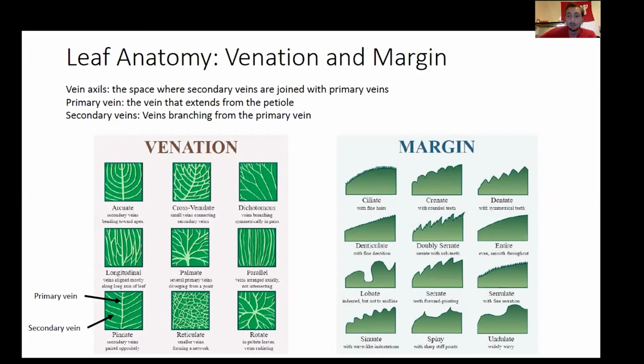So this means that there are several primary veins emerging from the point in which the leaf stem becomes the leaf. So it emerges from that point. Usually each lobe has its own primary vein. So it'll have an equal number of lobes and equal number of primary veins. Despite being lobed, our margins also are serrate too for all of our species. And these serrate, remember serrate refers to these forward pointing teeth, so pointing towards the tip of the leaf.